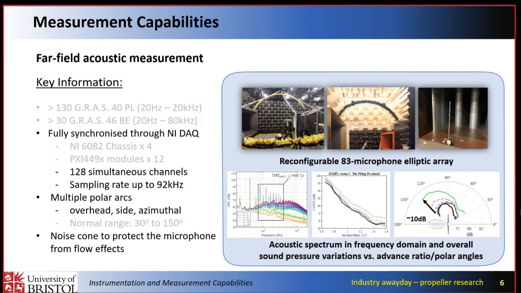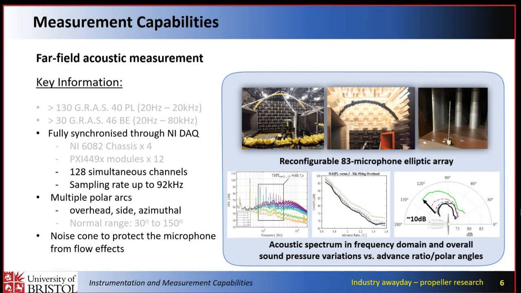To highlight some of the details, we have a few independent data acquisition systems based on National Instruments, and each of them is able to have 128 simultaneous channels for microphone measurements, sampled up to 92 kilohertz, which is sufficiently high to capture the frequency range of interest.